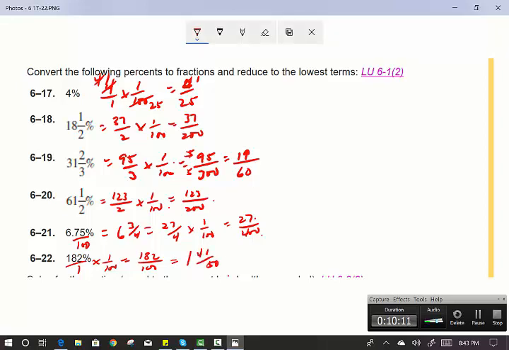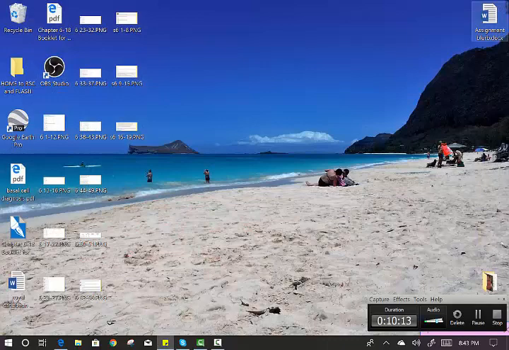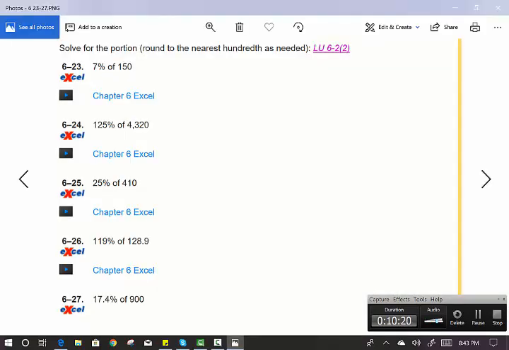Okay, let's go ahead and look at the next question, beginning with number 23. Okay, solve for the portion. I'm going to put this little symbol over here on the right-hand side.